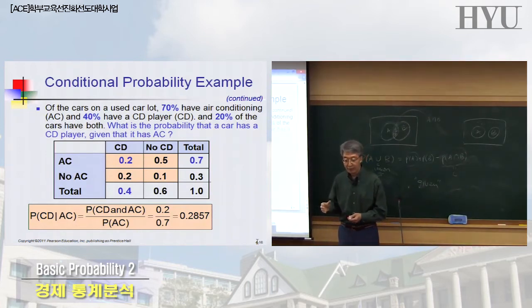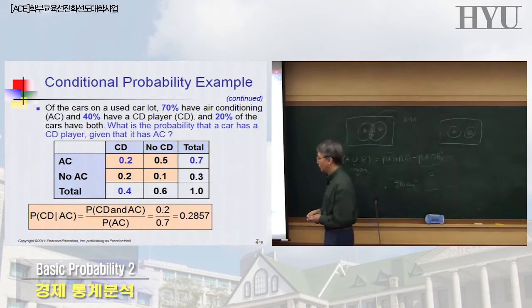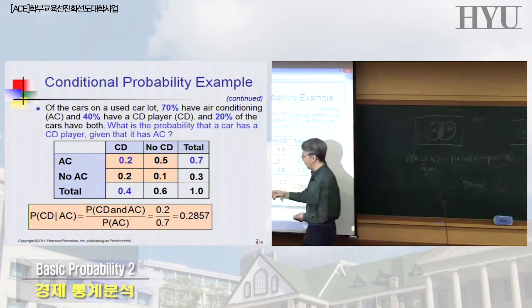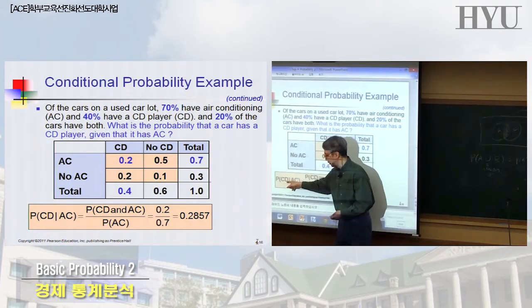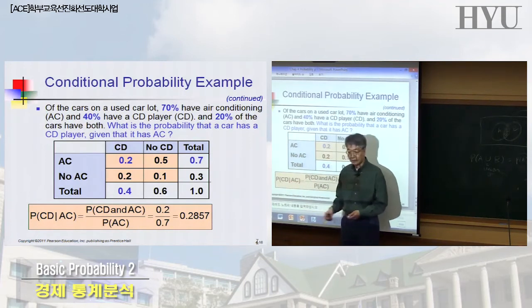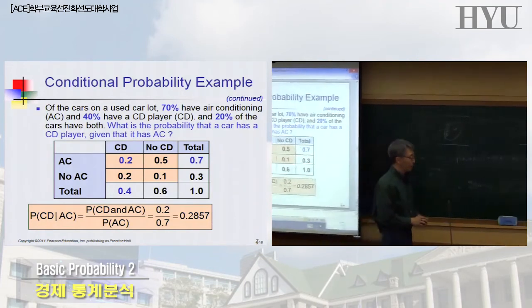Then what's the probability that you will find a car with CD? That's a conditional probability: probability of finding a CD given that event AC has occurred.